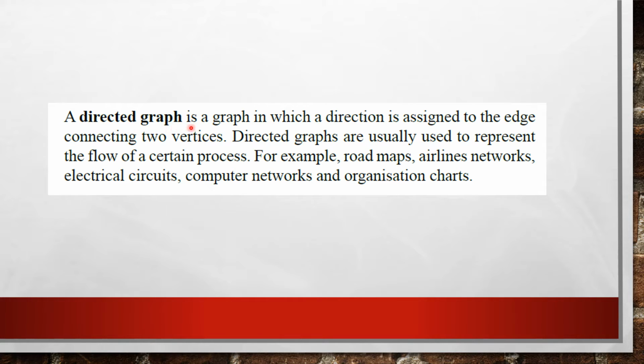A directed graph is a graph in which a direction is assigned to the edge connecting two vertices. Directed graphs are usually used to represent the flow of a certain process. For example, road maps, airline networks, electrical circuits, computer networks, and organization charts.